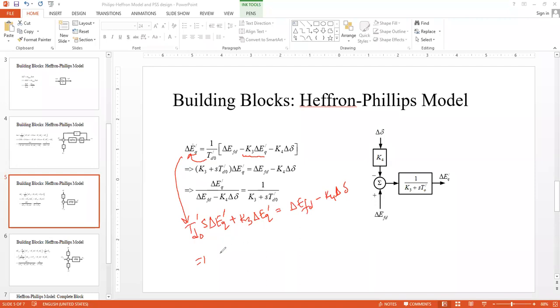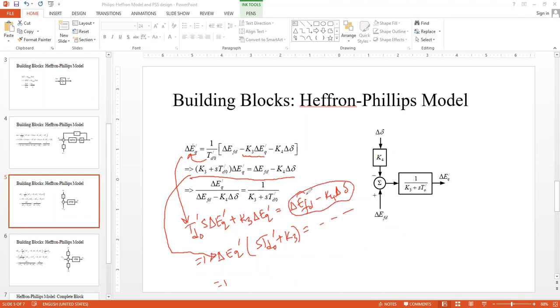So again, you can take del Eq dash common. You will be left with s Tdo dash plus k3, whatever you have here on the right hand side. So this is the same thing over here. Then you simply take this as the input from the summing junction.